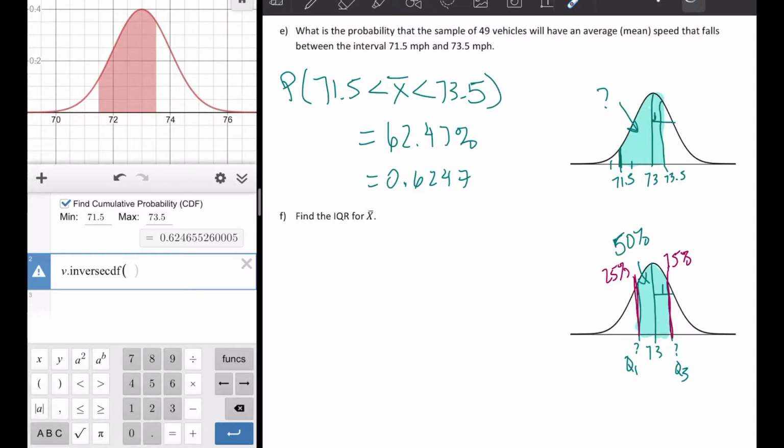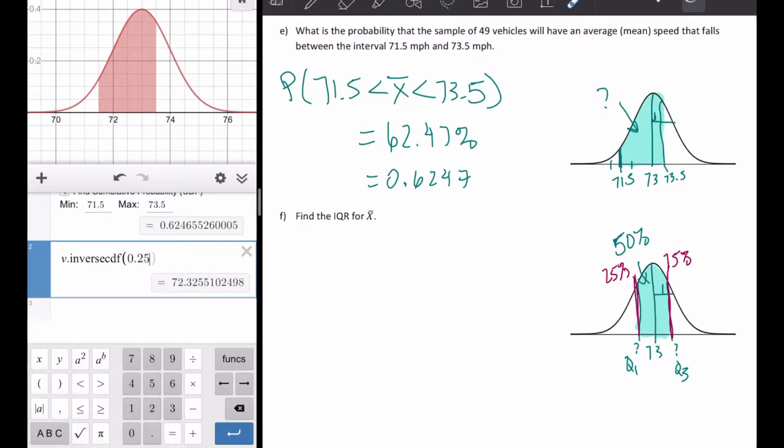So I'm going to go to my calculator and type in 0.25 in my V.inverseCDF, and it pops back 72.33. So I'm going to label this, my Q1, as 72.33. And then, I'm lazy, so I'm just going to change that one to be 0.75, and it's 73.67.